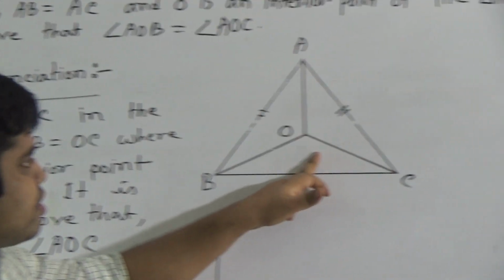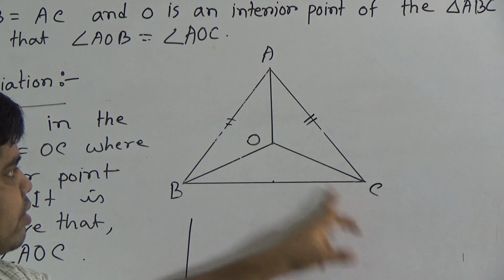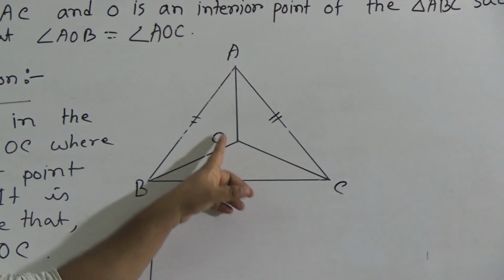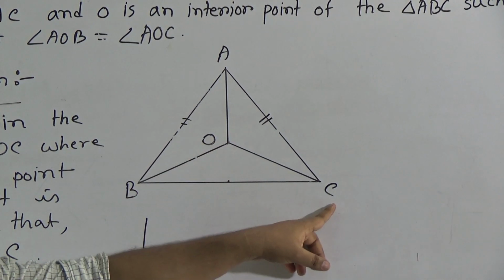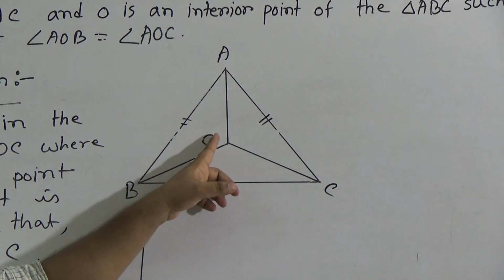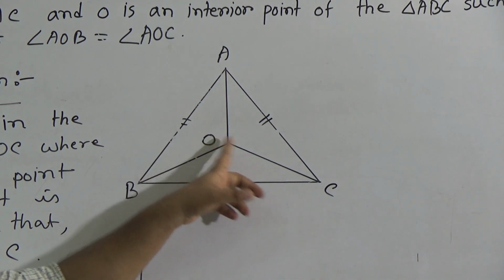Next, as BO equal to CO, so from triangle BOC we can say angle OBC equal to angle OCB. I repeat, as OB equal to OC in triangle BOC, so we can say angle OBC equal to angle OCB.